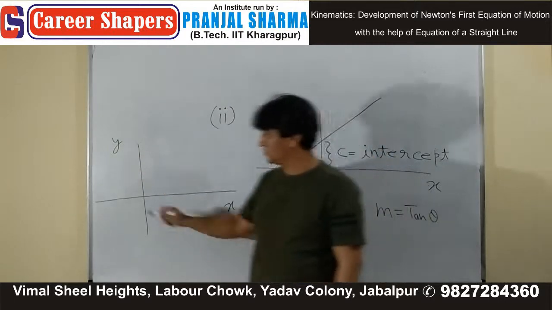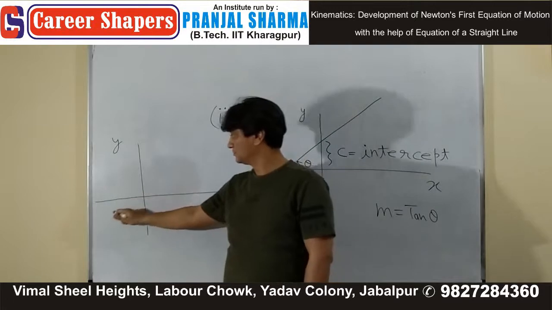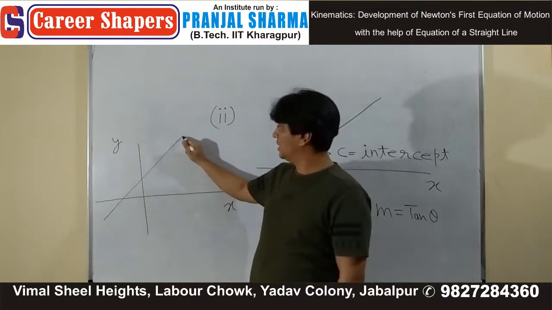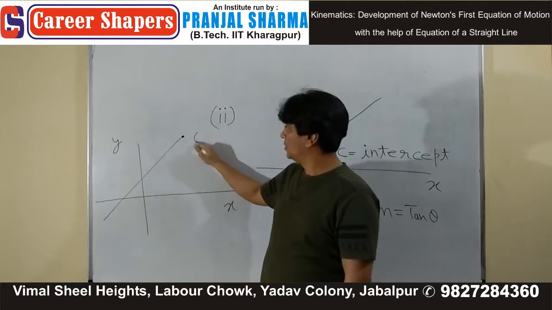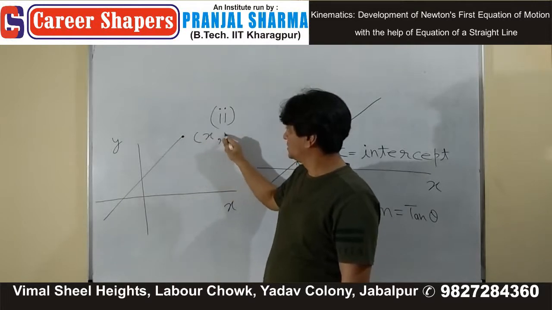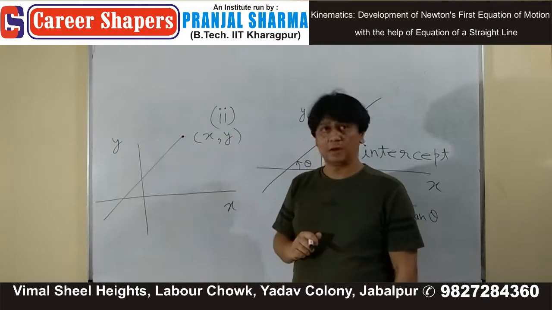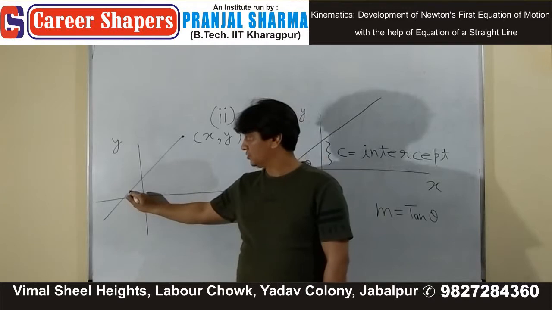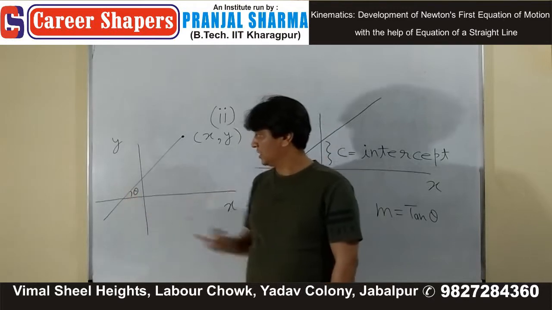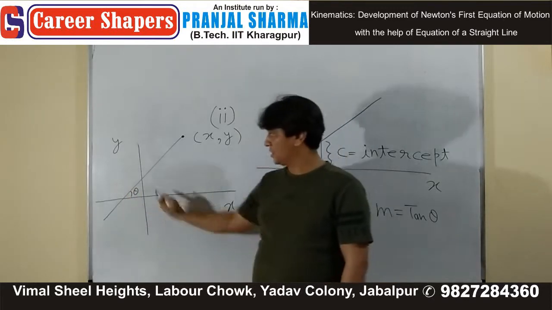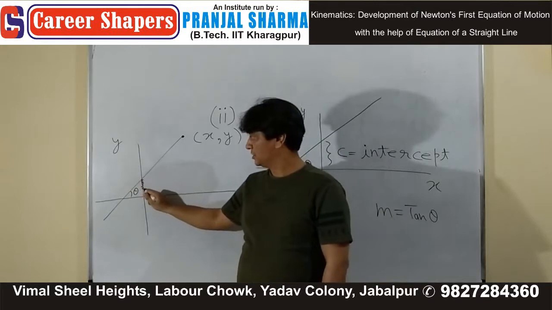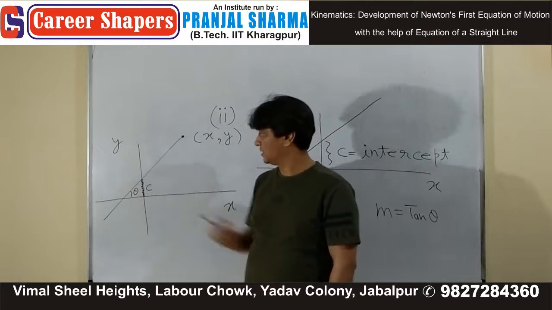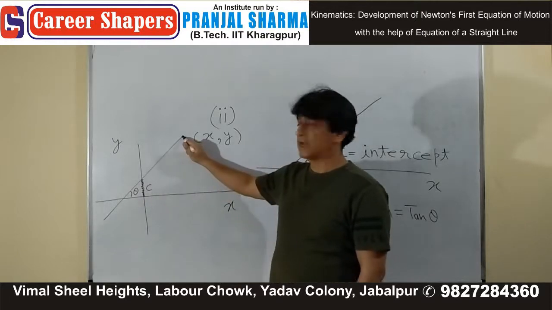So the information is we have a line. This is the line. If I take a point with coordinates x and y, remember this is theta. Remember, this highlighted portion is C. This point is x comma y.